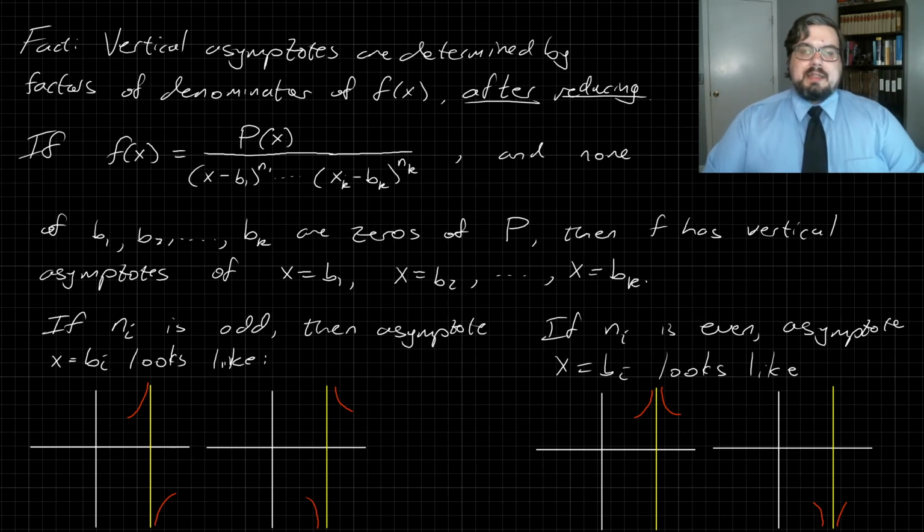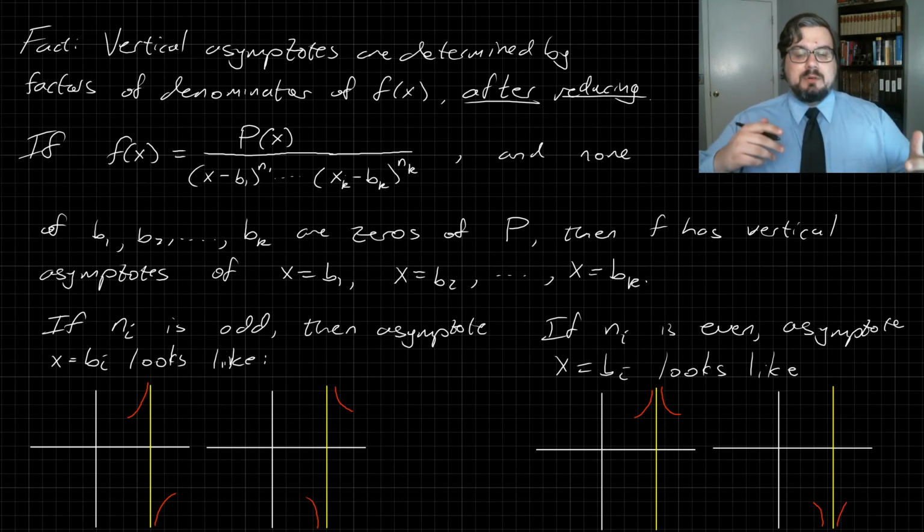So the powers of the factors giving you the asymptotes work similarly to how the zeros of the polynomial p determine the multiplicity of the zeros of p. And in fact, there is a duality here, and advanced mathematics will study this in quite a bit of detail.